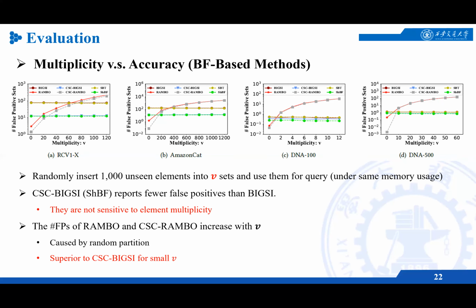However, the false positive sets of Rainbow and CSC Rainbow increase with V, and this is caused by the random partition. But the performance is still excellent for small V.